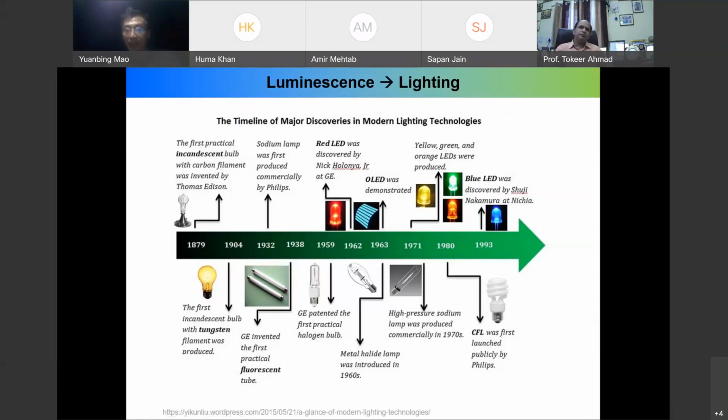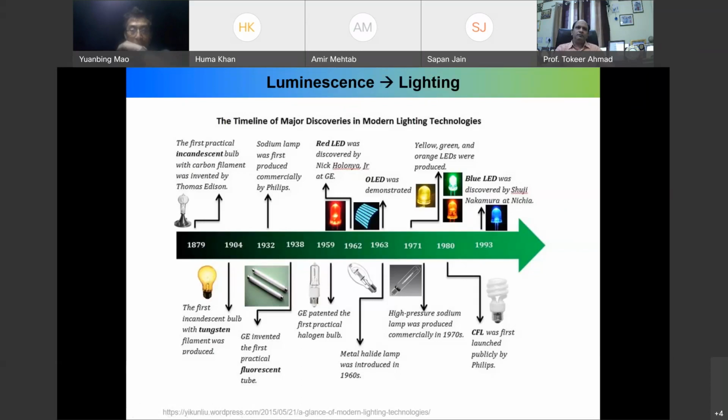Then the fluorescent light bulbs were first launched publicly by Philips in the 1980s. And then in the 1990s, the blue LED was discovered by Shuji Nakamura at Nichia, and he is the one who received the Nobel Prize because of the development of blue LEDs.